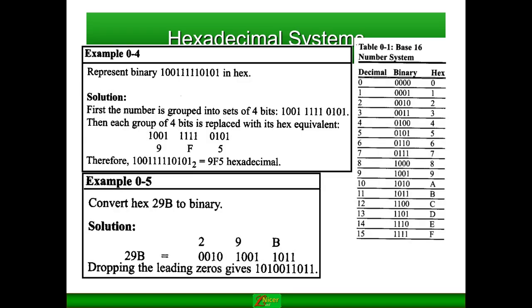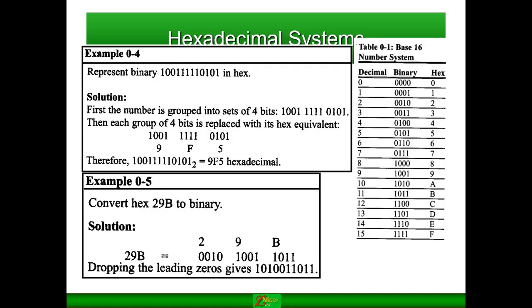If we have fewer digits on the left side, we just add zeros as we need, and then we can see that 0101 is 5, 1111 is F, and then 1001 is 9. So 9F5 is our hexadecimal here.